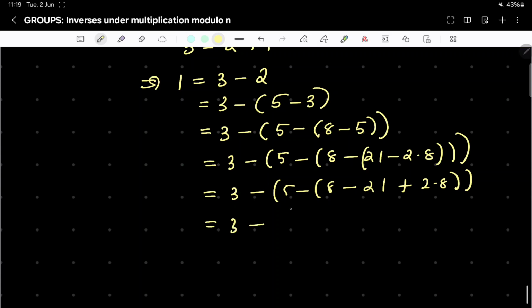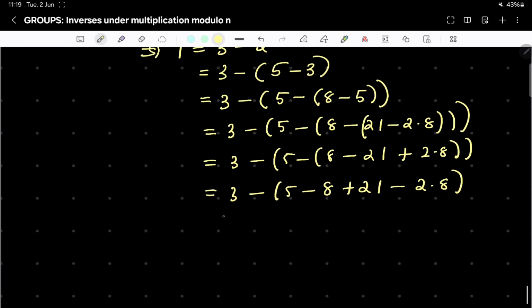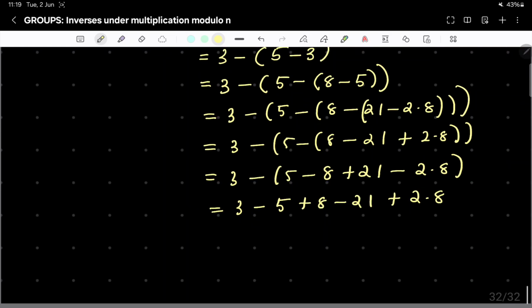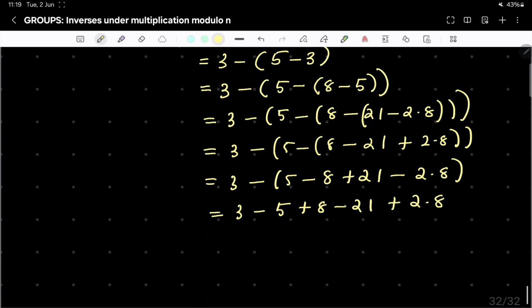So this is equal to 3 minus 5 minus 8 plus 21 minus 2 into 8, right? So now this is equal to 3 minus 5 plus 8 minus 21 plus 2 into 8.